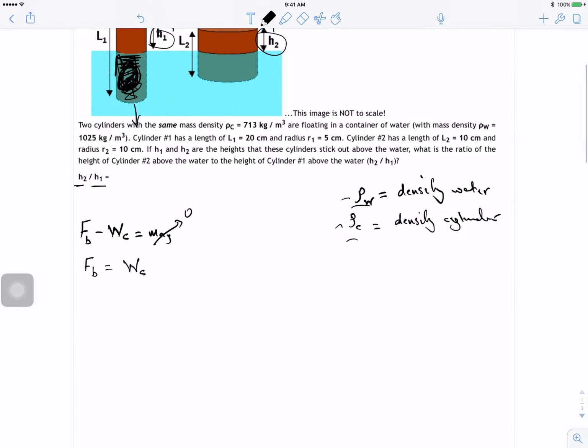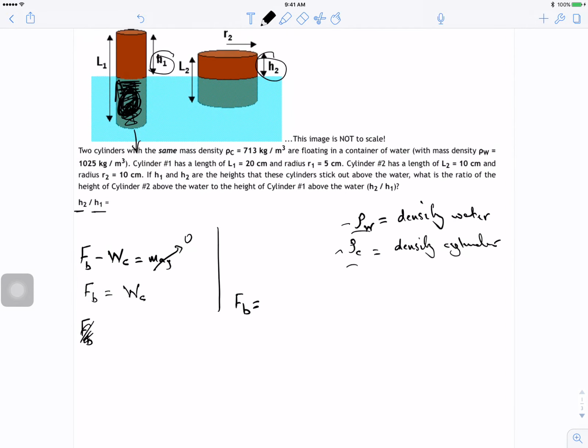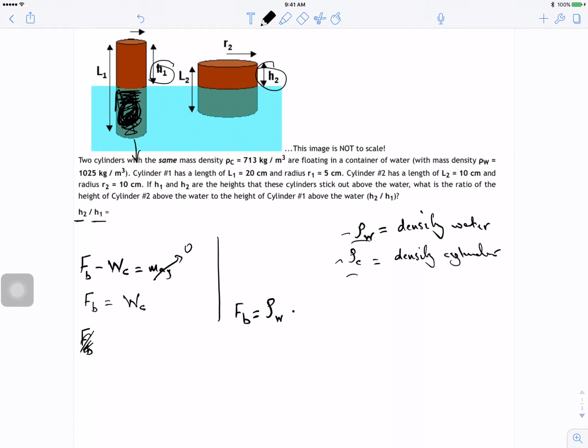So the buoyant force is going to be equal to the density of the water multiplied times the area times the height, the volume of this part from here to here.